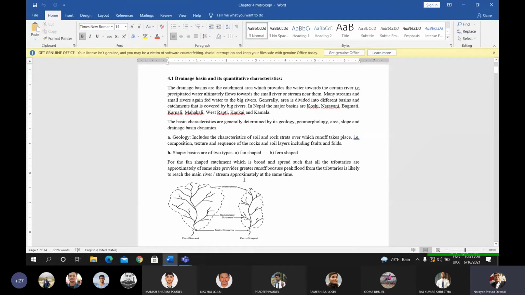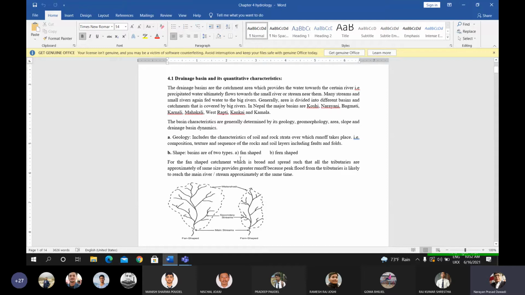You may be asked in the question, what are the drainage basin characteristics and how they affect the surface runoff. You may also be asked, what are the factors affecting the surface runoff? The factors affecting the surface runoff are basically divided into two parts.